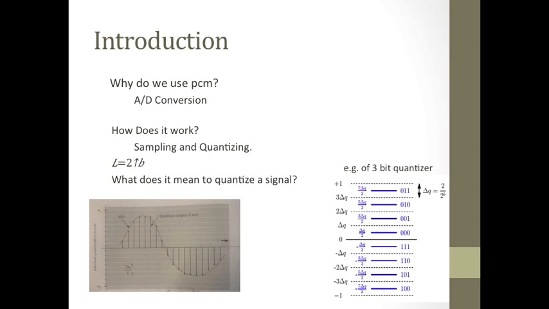For example, the graph on the right has a 3-bit quantizer, so we have 8 levels spread linearly over the normalized amplitude range from -1 to 1. The quantizer step for B bits is delta Q equals 2 over 2 to the power of B. The binary numbers show the binary representation of the quantized value in 2's complement.